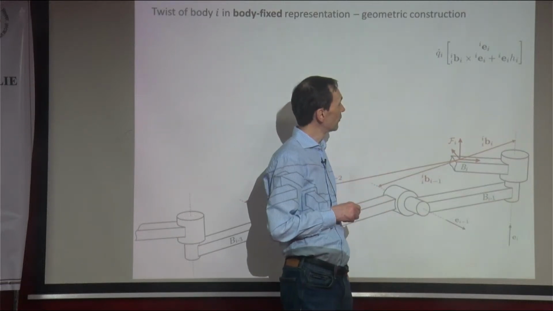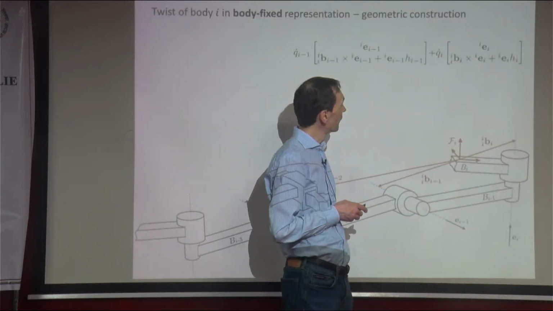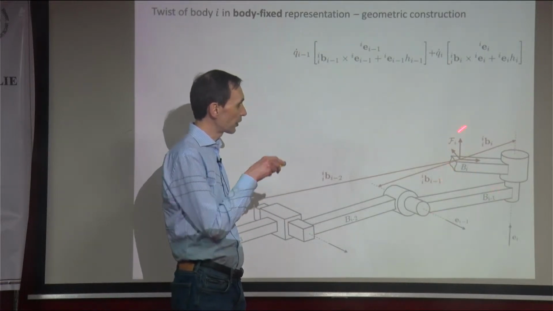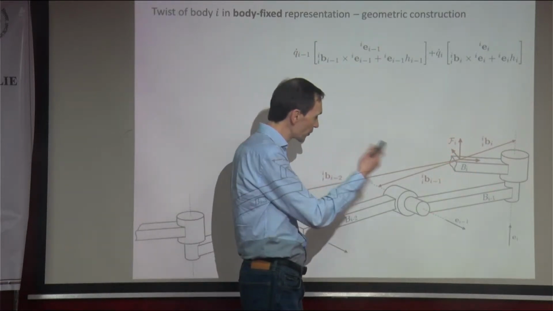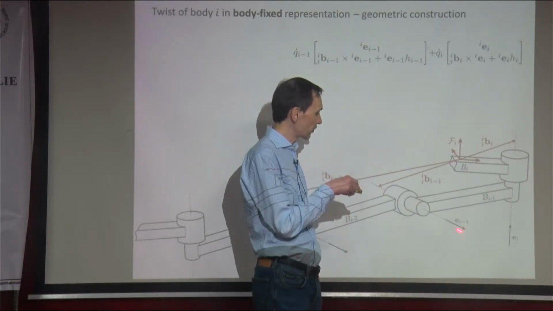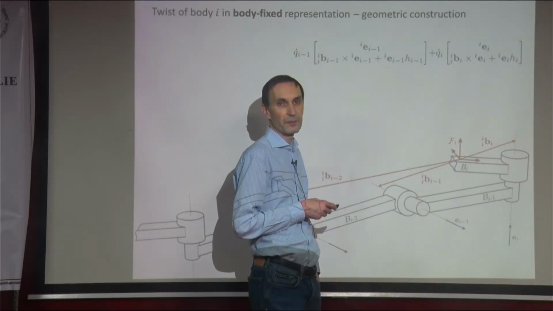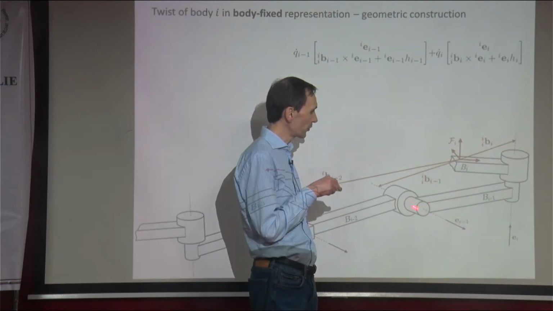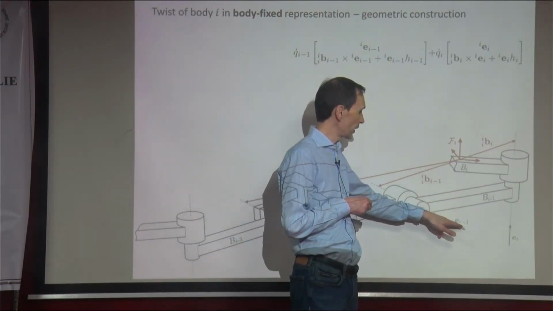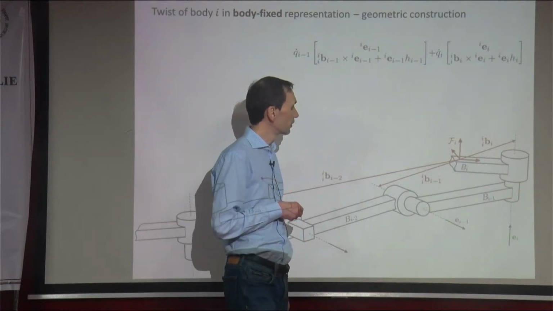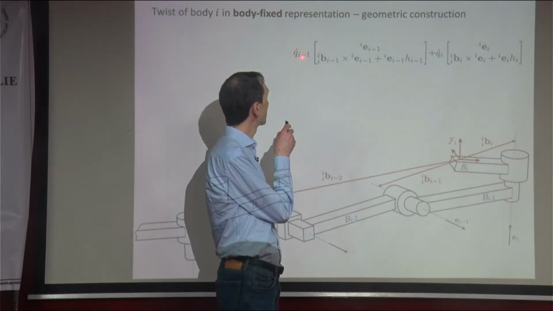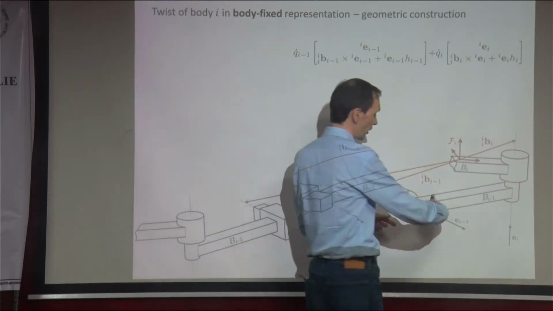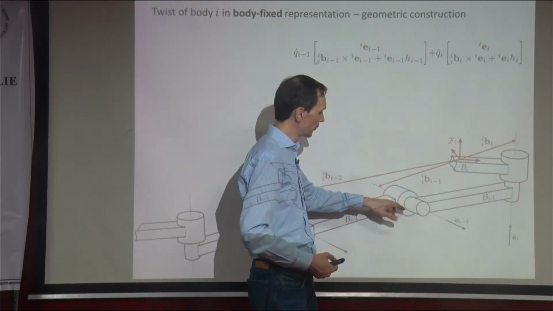Right. And now what about the contribution to the twist due to the rotation of the previous joint? Same. I mean, the argument is always the same. So you have omega, of course. First of all, you have this vector times q_{i-1} dot. So q_{i-1} dot times this vector is, again, the angular velocity due to this rotation.